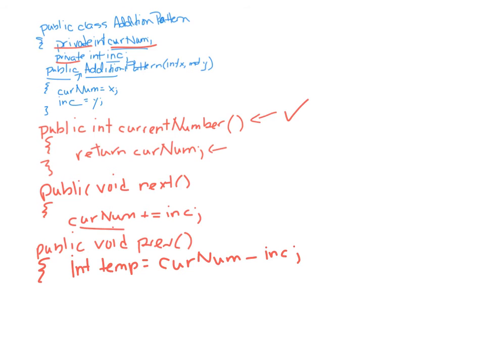So I created a temporary one, and if the temporary one is positive, then my current number is going to be that temporary one that I subtracted. If it isn't greater than 0, if it's less than, then it's not going to do anything, so it's going to keep current number the same. That's the idea.